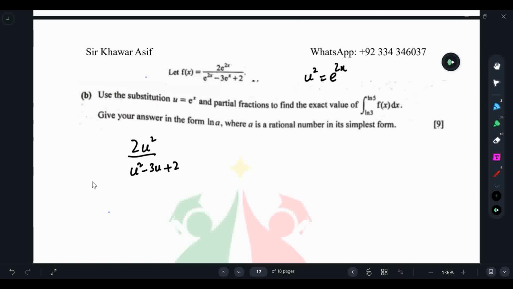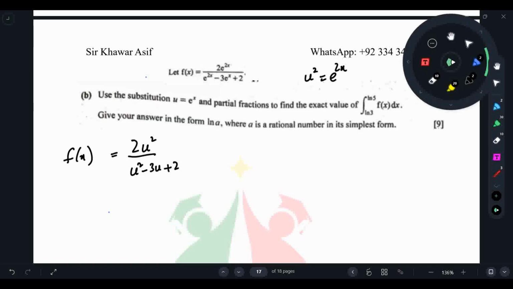Now from here we can see that this one is again an improper fraction.